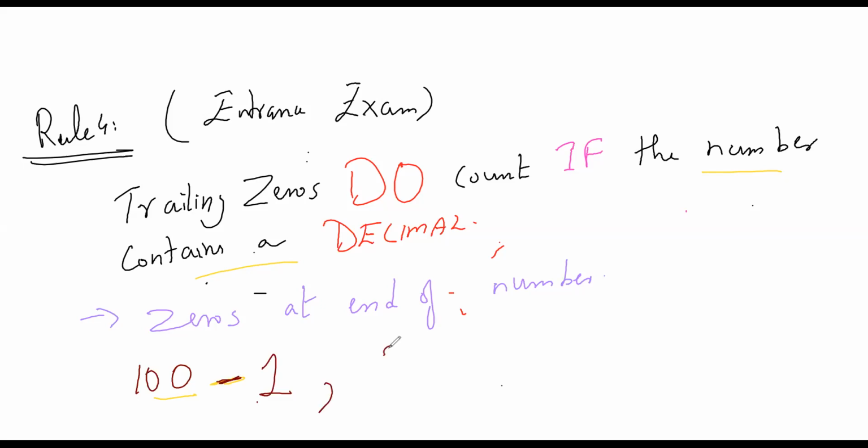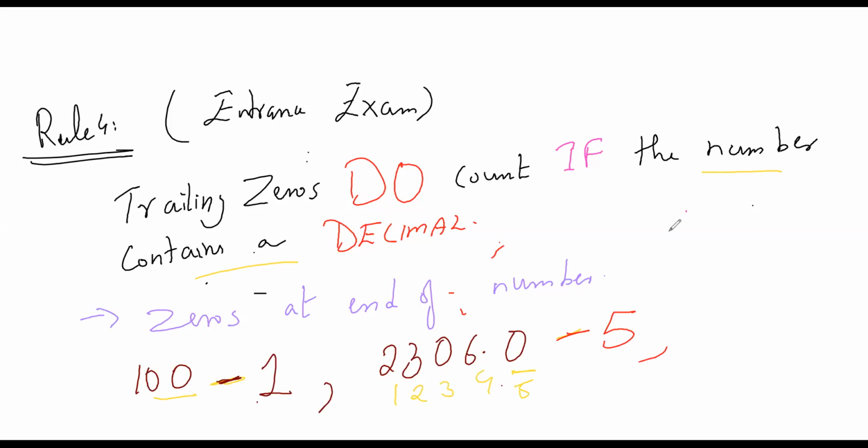But if I take 2306.0, then trailing zeros do count since the number contains a decimal. The decimal point is there. So counting 1, 2, 3, 4, 5. The answer is 5 for this.